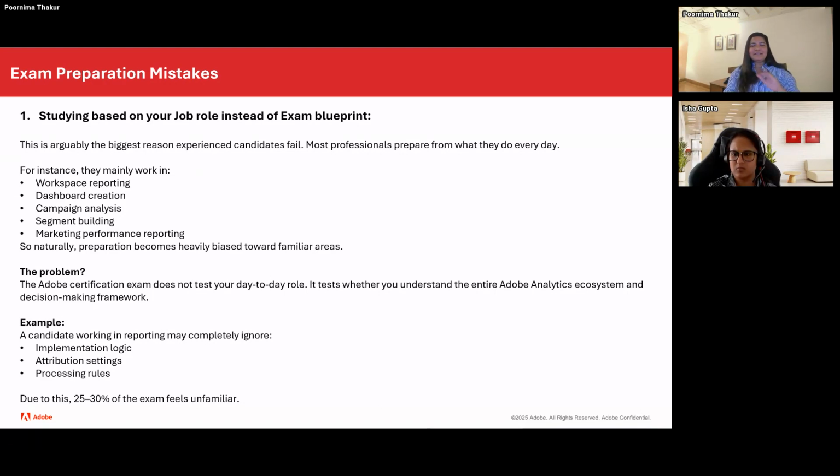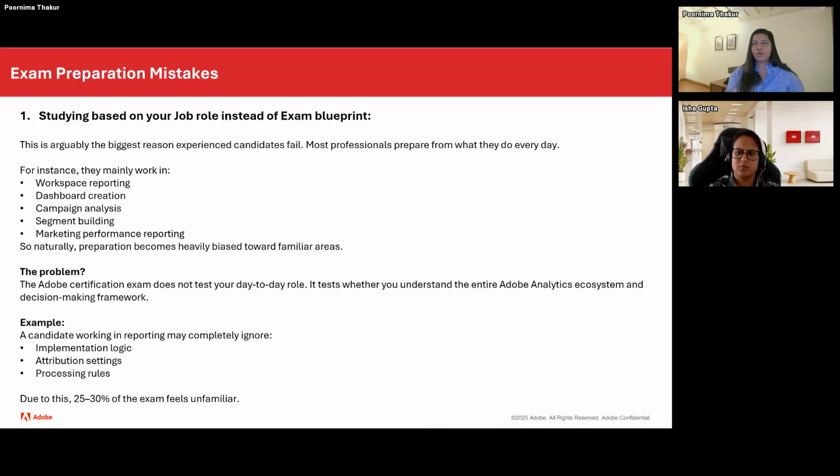So, the biggest exam mistake you can make is to think that you will only get questions related to the tool you're working in. Meaning, if you're working heavily in Adobe Workspace, it doesn't mean your questions are only going to come from that. Questions will also come from Data Warehouse. They'll also come from Data Feeds. They might also come from Report Builder. Well, not anymore, maybe, but I'm just giving you an example.